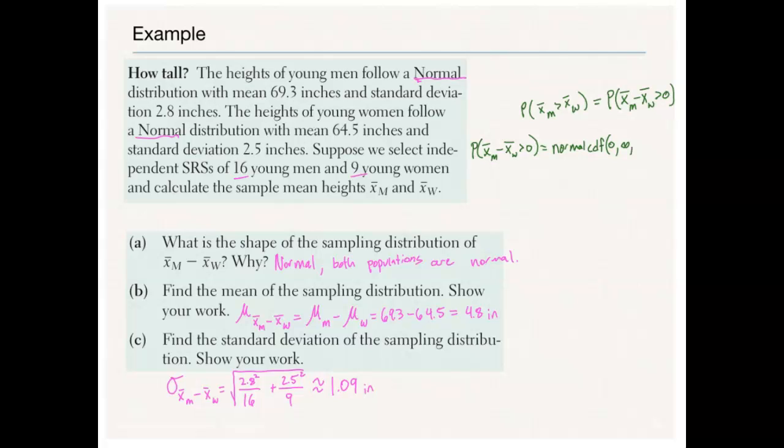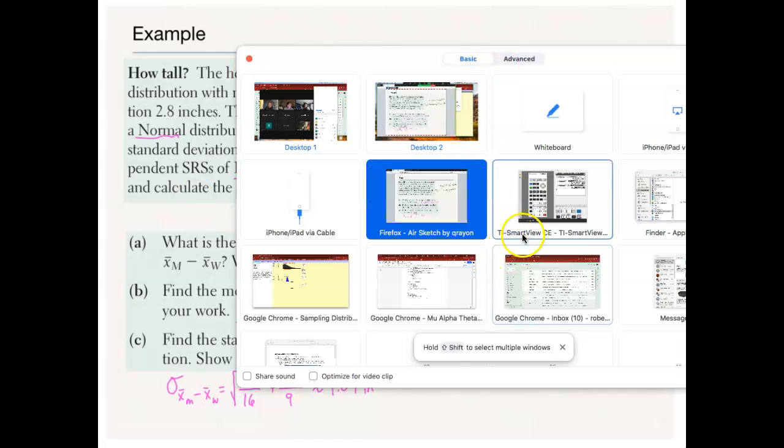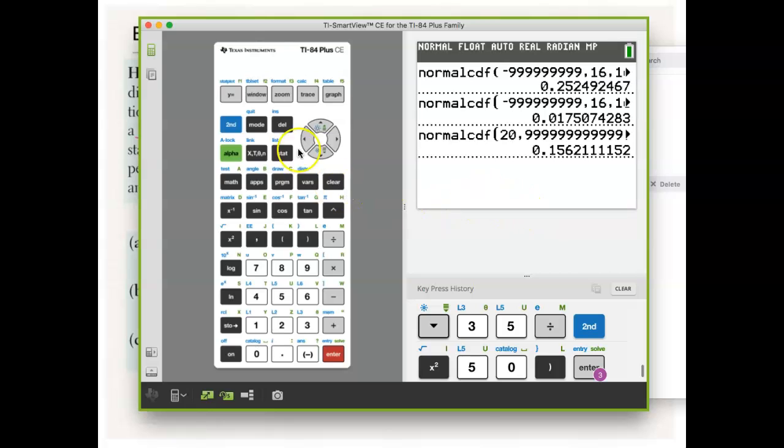The mean is, what do we say, 4.8. The standard deviation is 1.09. And I can pop that in my calculator, and that should give me the probability that I get an average male height greater than an average female height.